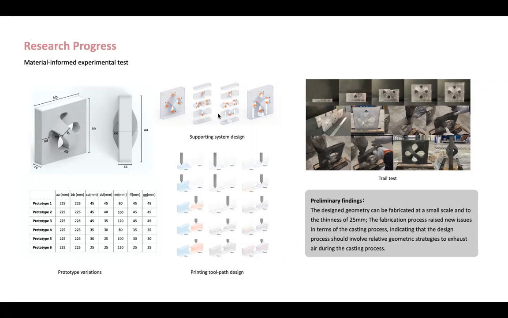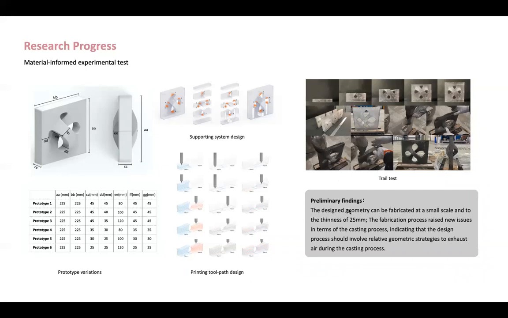The spotting system and the toolpath design enable an efficient formwork printing. The thinnest formwork is selected from 6 modular prototypes for the trial to test fluidity and even concrete fiber deposition.